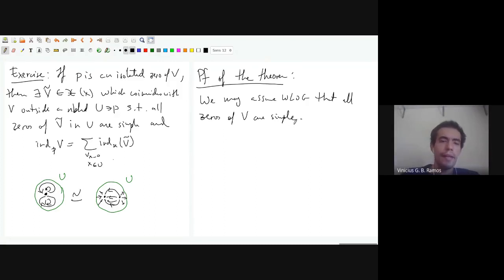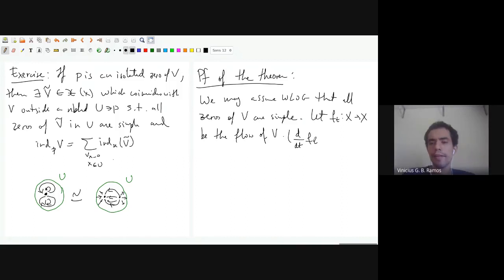Okay, again, it's basically by transversality. Okay, so now I can let f_t from X to X be the flow of V. Okay, so it just means that d f_t is V at the point f_t.